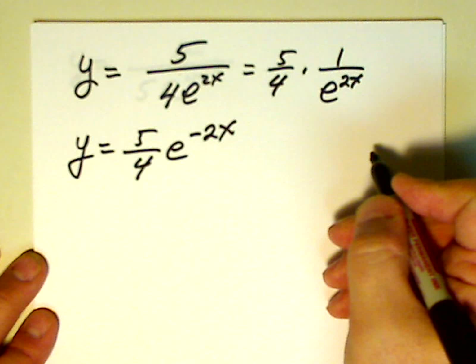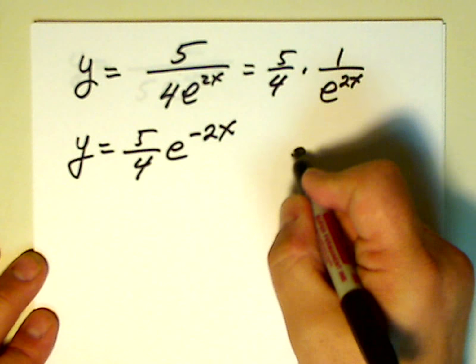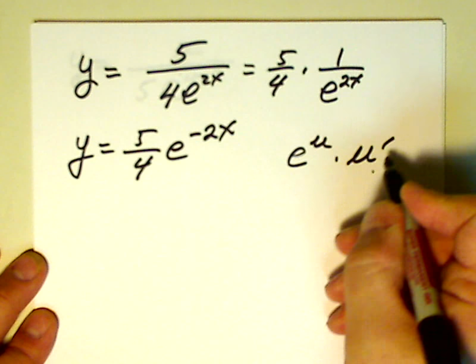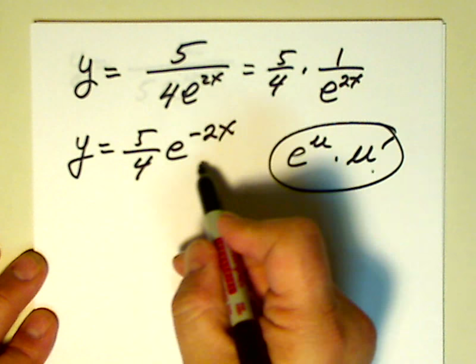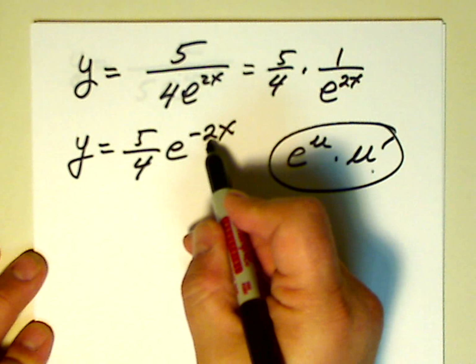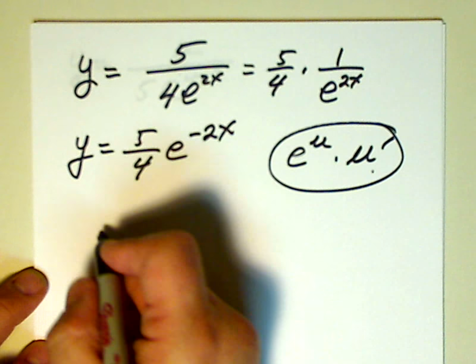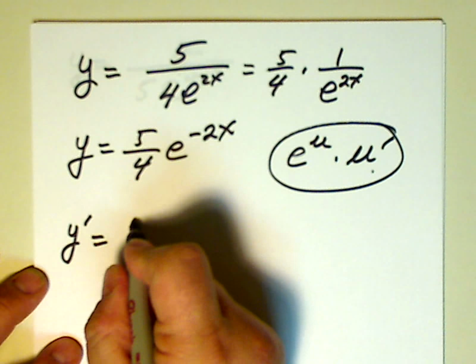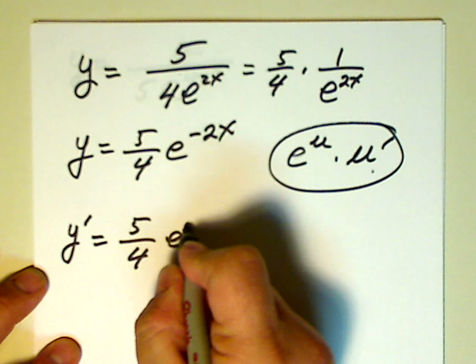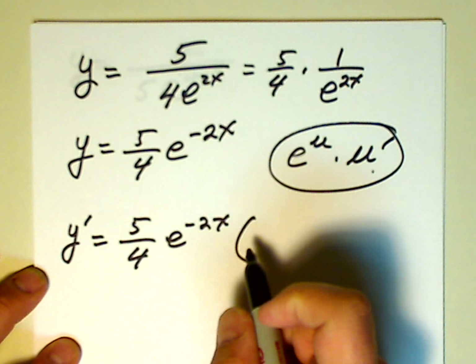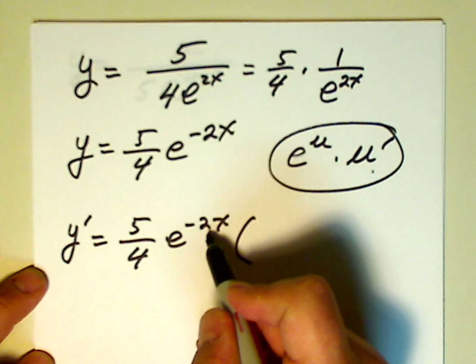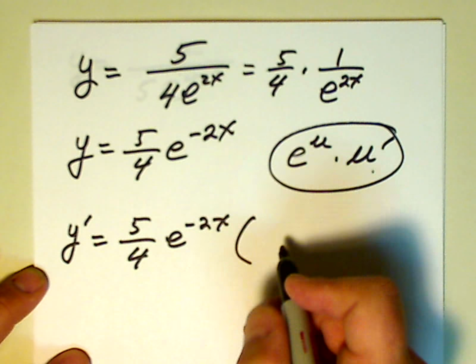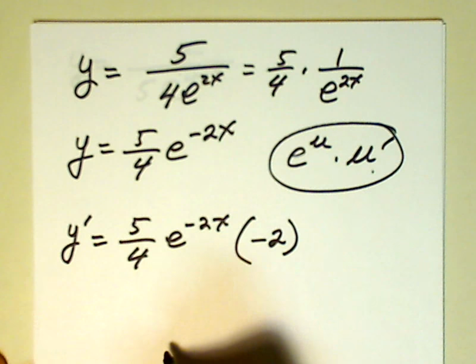Using the chain rule. Remember, the chain rule in this case is e to the u times u prime, where e to the u is the function and u prime is the derivative of the exponent. So y prime is equal to 5 over 4 e to the negative 2x, multiplied by u prime, the derivative of the exponent, negative 2x, which is negative 2.